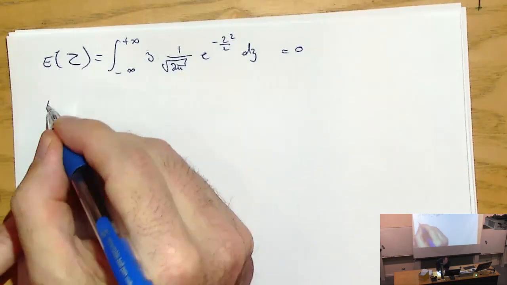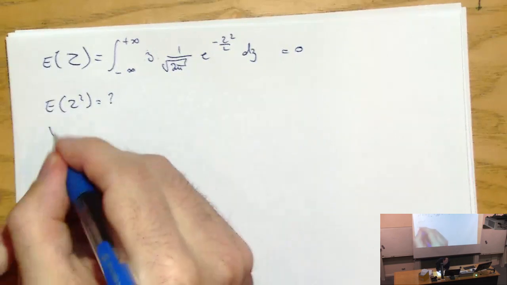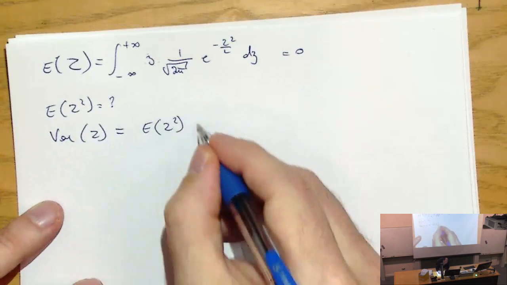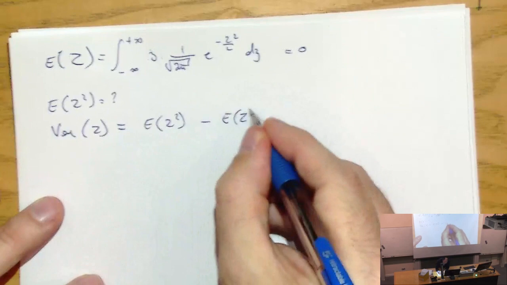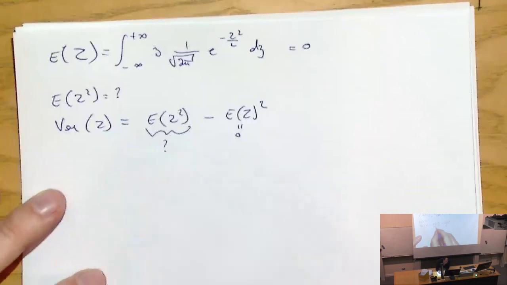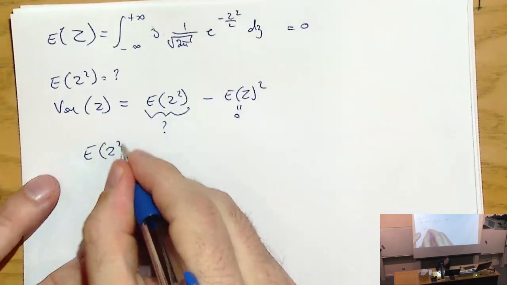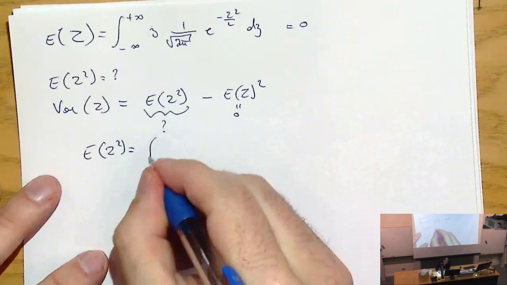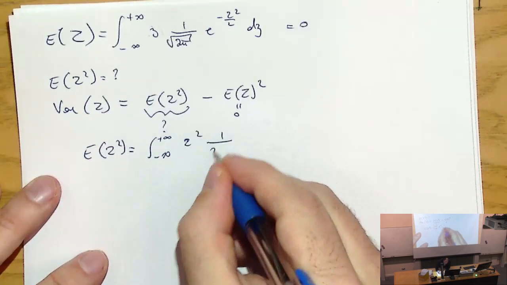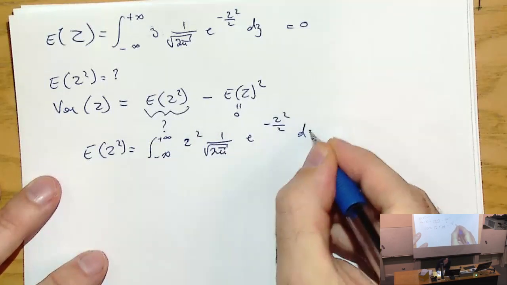Now the expectation of Z squared. We can use this to compute the variance of Z. The variance is the expectation of Z squared minus the square of the expectation. The second term is equal to 0, so the expectation of Z squared needs to be computed if you want the variance. The expectation of Z squared is the integral between minus infinity and plus infinity of z squared times 1 over root 2 pi, e to the minus z squared over 2, dz.